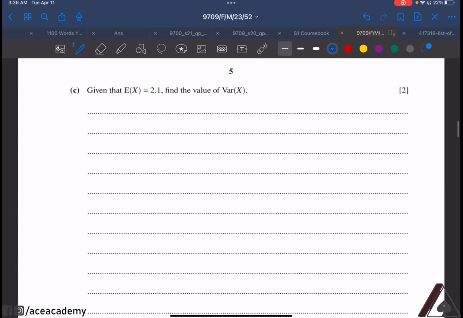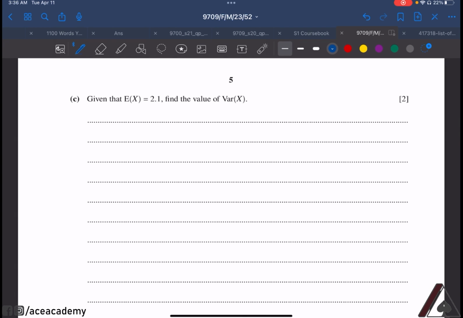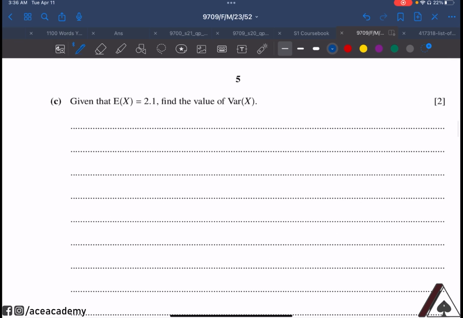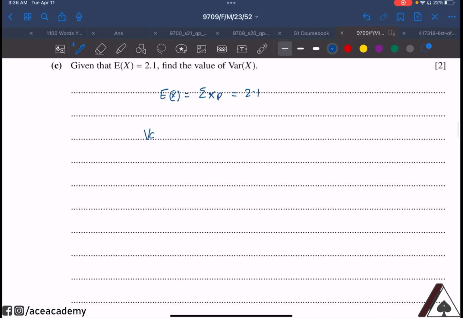Part C. Given that E of x equals 2.1, find the value of Var of x. Okay, so the formula for E of x is summation of x into p, which is 2.1, but they ask for Var of x, which is summation of x squared into p minus E of x whole square.